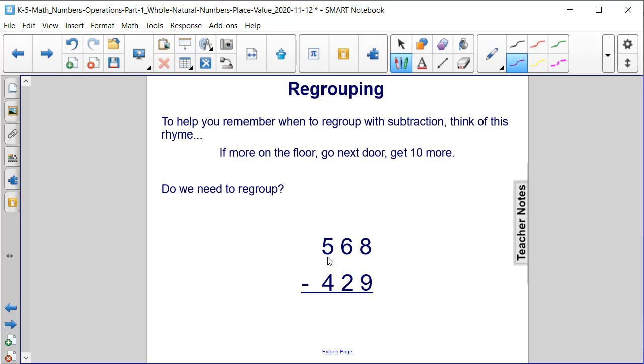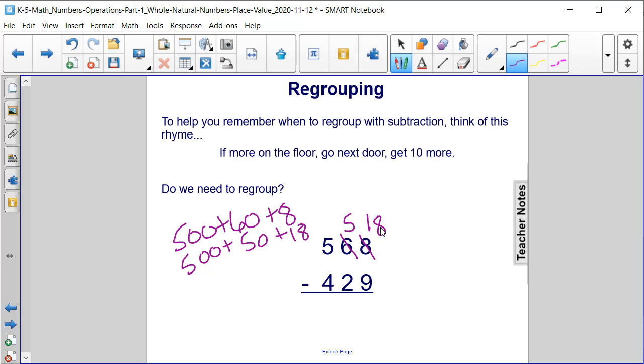So let's go through that process in order to help us find the difference. Well, we have 500 plus 60 plus 8. And when we regroup, we're going to rewrite it as 500 plus 50 plus 18. So we can cross the 6 out and make it a 5, meaning 50, and we can replace the 8 with 18.